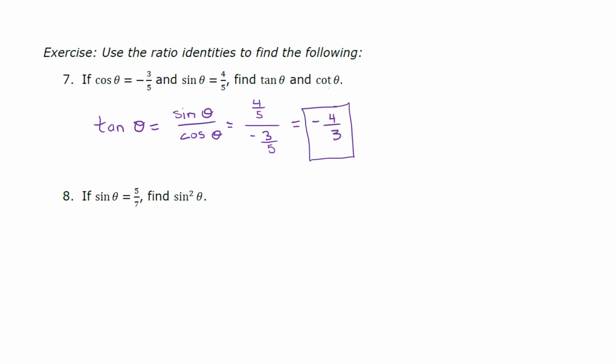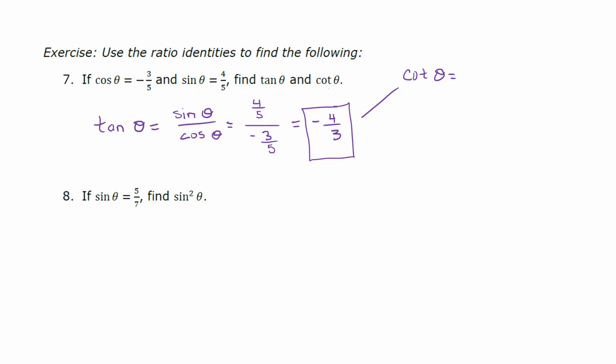Now we can find cotangent, and there are two ways that we can solve it based off of the information we have just learned. The first way is to use the ratio identities.